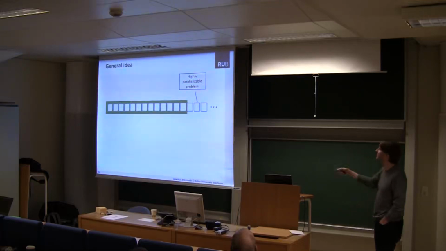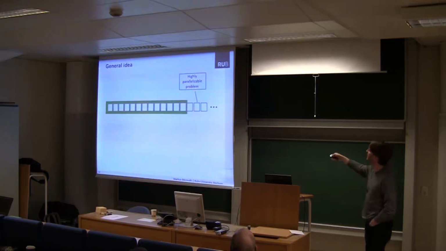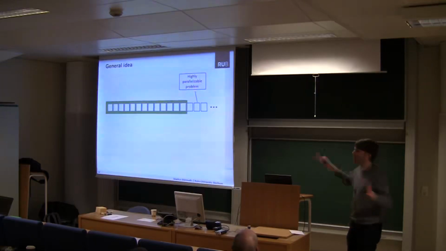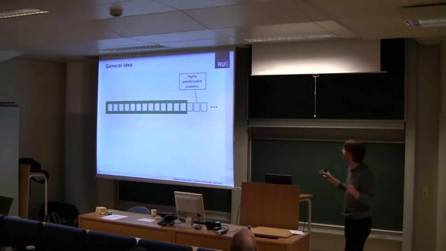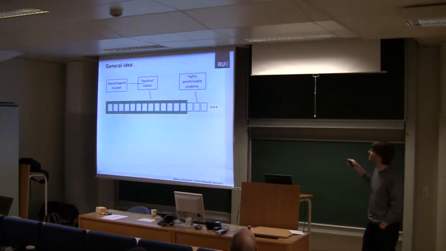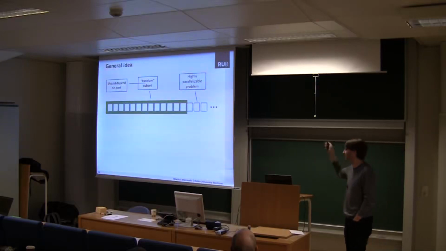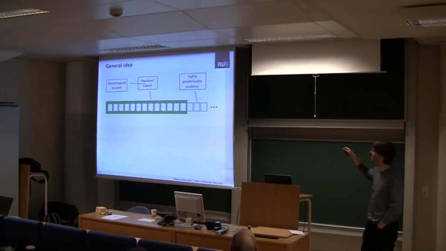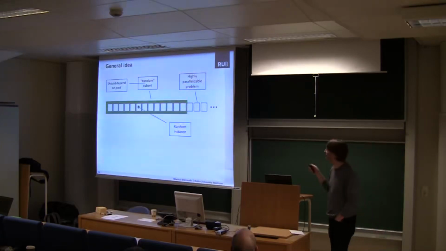The general idea of the construction is you have a problem which is highly parallelizable. DES brute force is embarrassingly parallelizable. I mean, just test each key in parallel. You're selecting a subset. This was done by hashing the password and fixing a prefix. This should depend on the password because otherwise you can reuse the computation for all passwords you're testing.